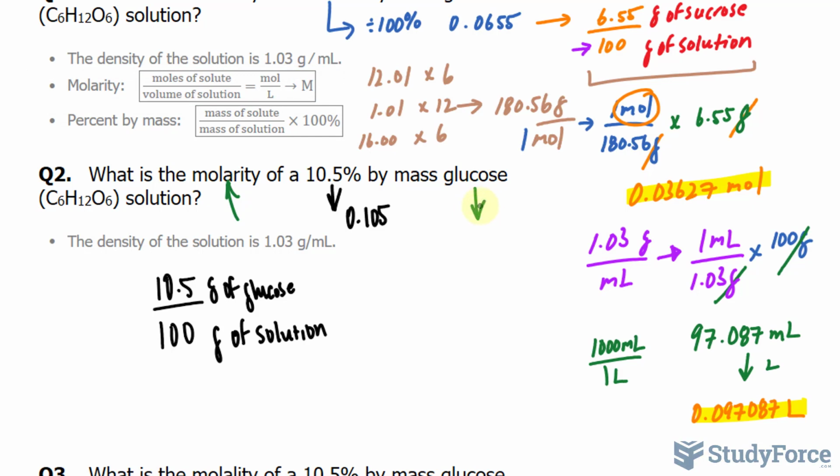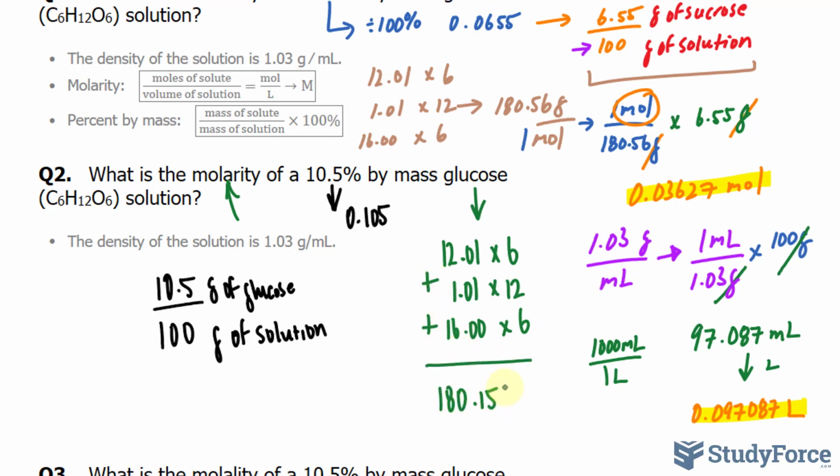The molar mass of glucose can be found using the molecular formula where we take 12.01 times 6, that's the molar mass of the carbon times 6 carbon atoms, 1.01 times 12, and 16.00 times 6. If we add these up and multiply, you should end up with approximately 180.15 grams per mole.